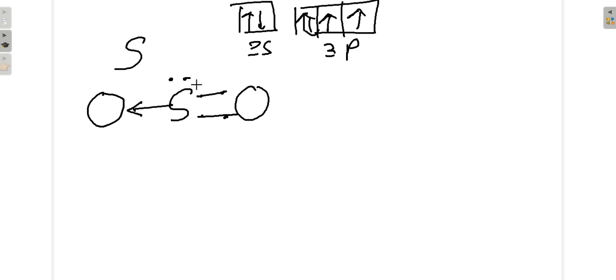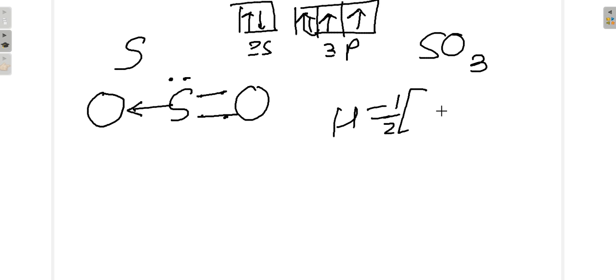I think SO3 should be the same situation. The index of hybridization will be half of 6. Since it is a divalent atom, there is no monovalent atom.